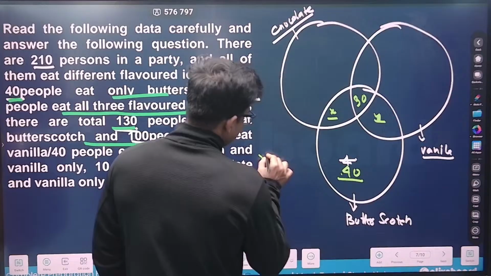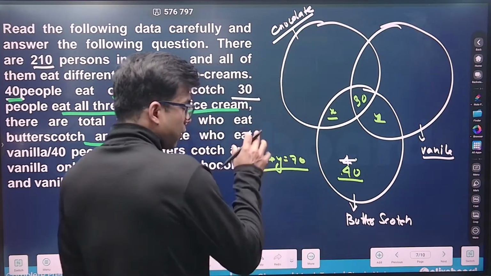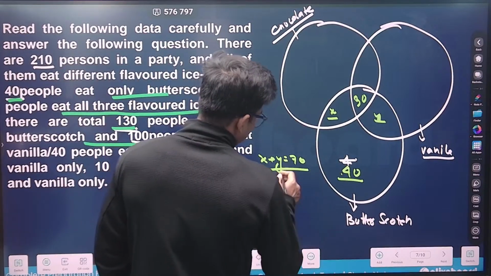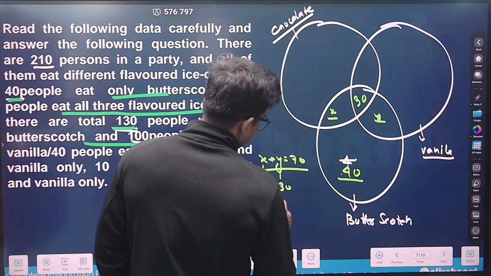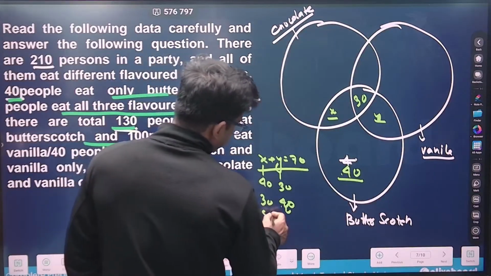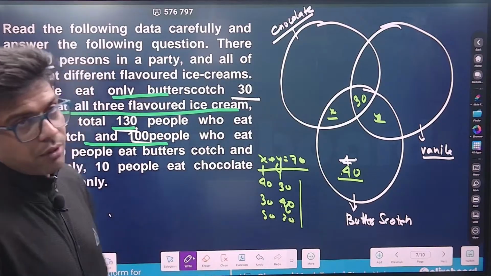So x plus y should be 70. And a lot of cases would be there. Suppose if I take x as 40, y should be 30, or this 30, this should be 40, like anything, 50 and 20, and so on. Most of the cases would be there, but we are not attacking the point where we get a lot of cases.